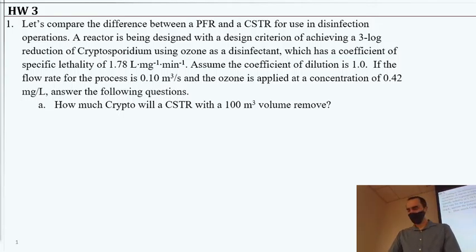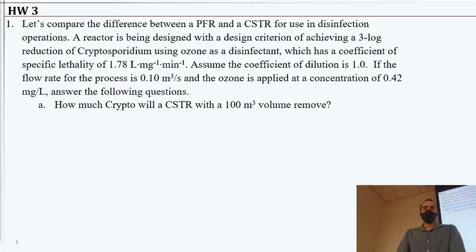No. Okay. Anyhow, homework 3, let's start talking about it. Problem 1, we were going to compare the difference between a plug flow and a CSTR reactor for use in disinfection. The reactor is going to be designed to achieve a 3-log reduction in cryptosporidium using ozone, with a coefficient of specific lethality of 1.78 liters per milligram per minute.